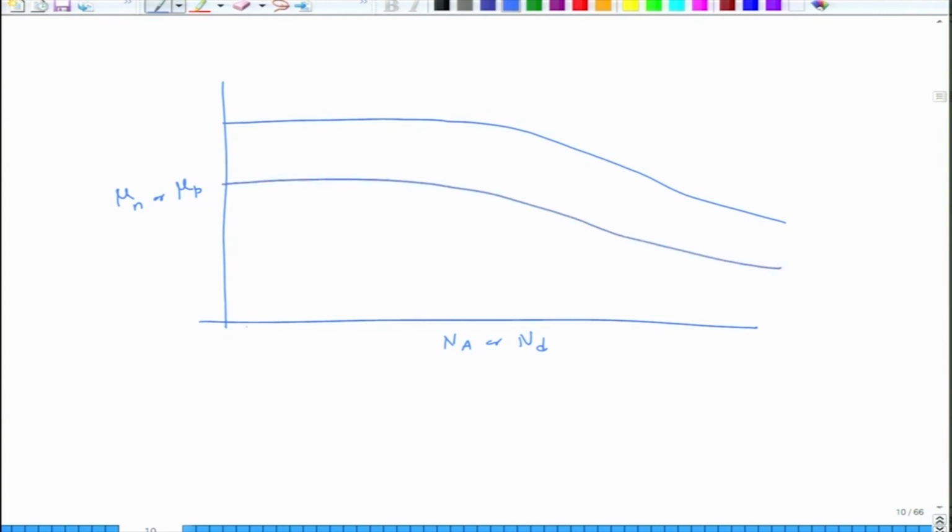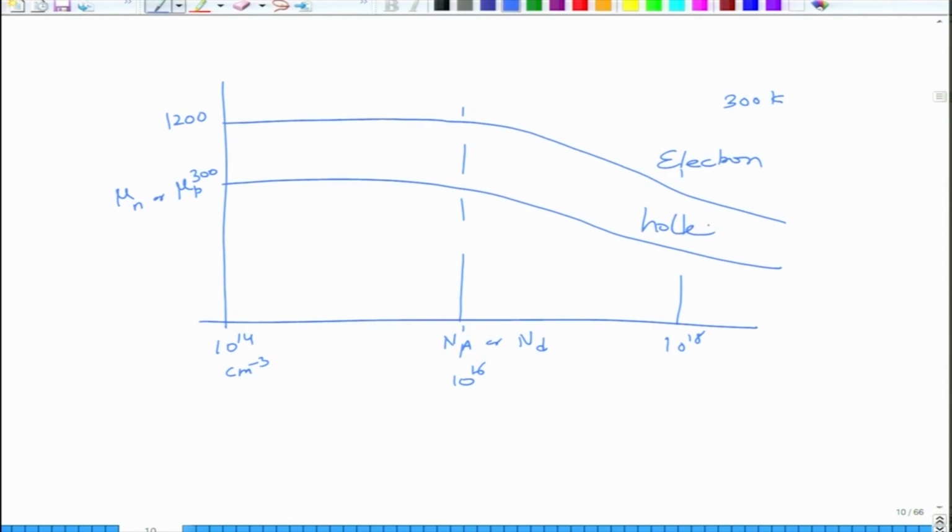So this would be, let us say, at about 10 to the 14 per centimeter cube, and the crossover will come at about 10 to the 16 or so, and then this would be at about 10 to the 18 or so. This is at 300 K, and the values would be about 1200 here and about 300 or 400 here. So this is for electron and this is for hole.